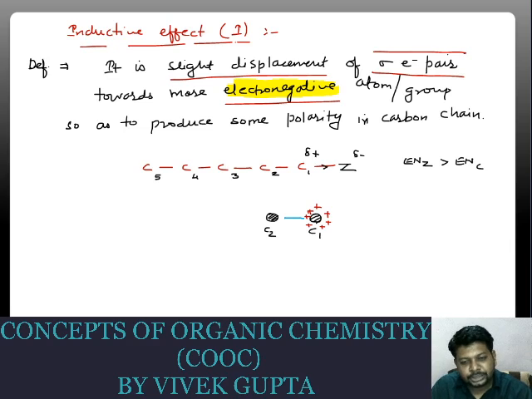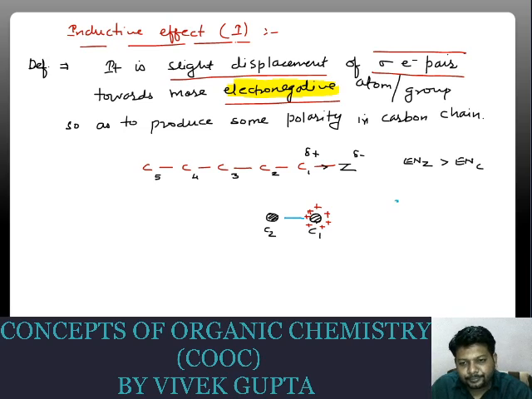On the other hand, C2 is completely neutral. So now due to this positive charge, C1 carbon will have a tendency to attract electron pair so that it can reduce its charge. The basic concept behind pulling electrons is to neutralize the positive charge.